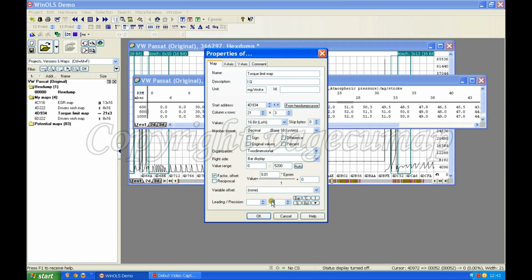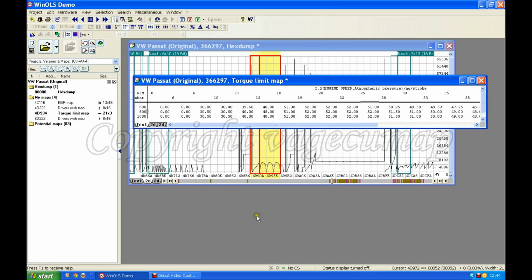If we allow for 1, you can see we've got 1 decimal point. If we want to allow for none, we've got no decimal points, or we can go for 2. In this particular case, it's debatable whether you need 1 or 2, but I'll leave that one as 2 for now. So I'll accept that as 2 and say OK.